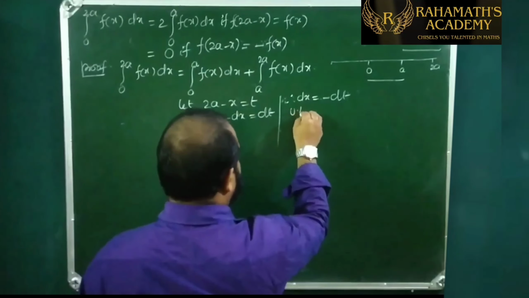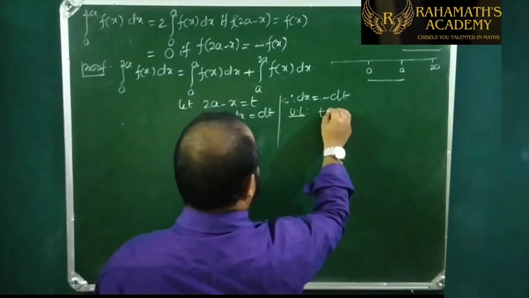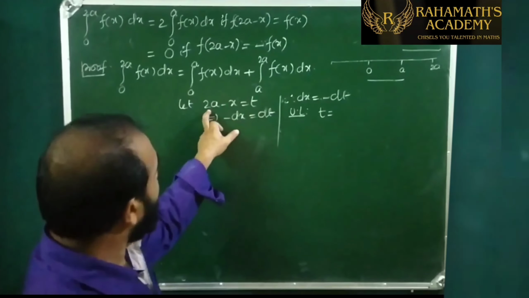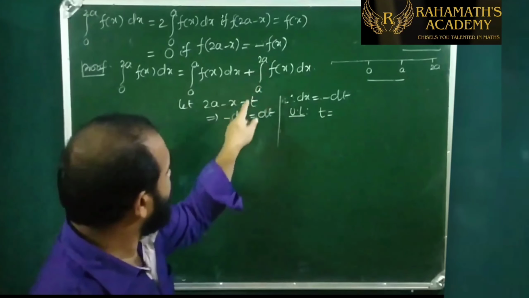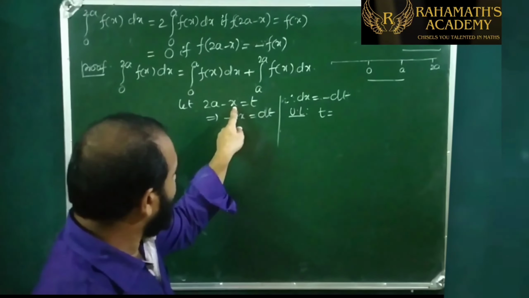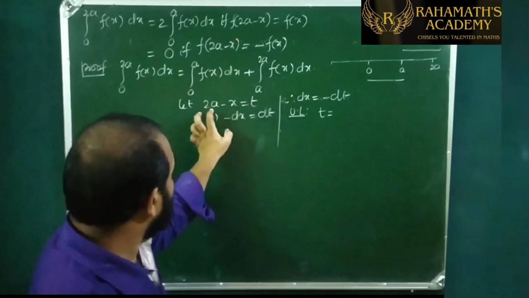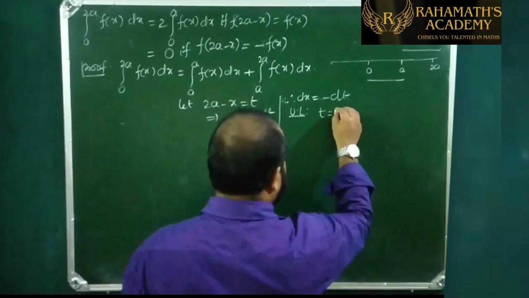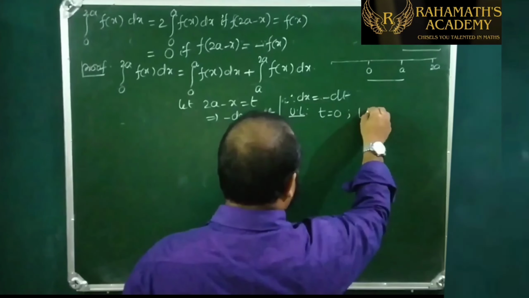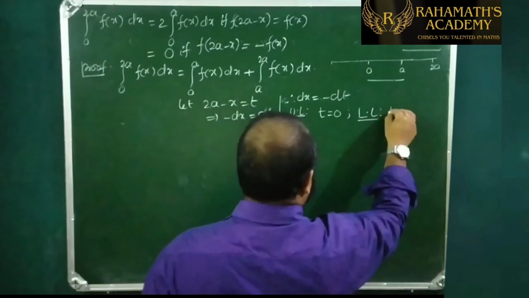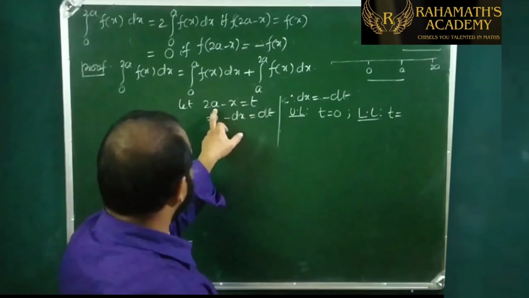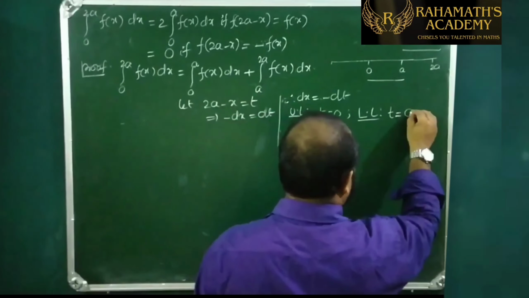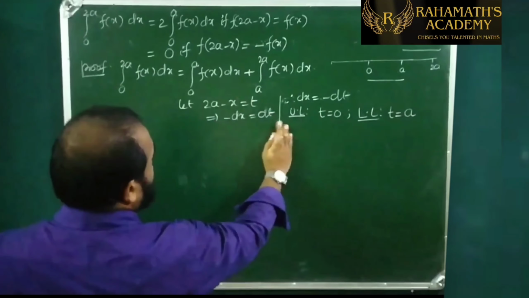Upper limit: t is equal to 2a minus 2a, because in the value of x, upper limit is 2a. 2a minus 2a is 0, and lower limit: t is equal to 2a minus a, that is a.